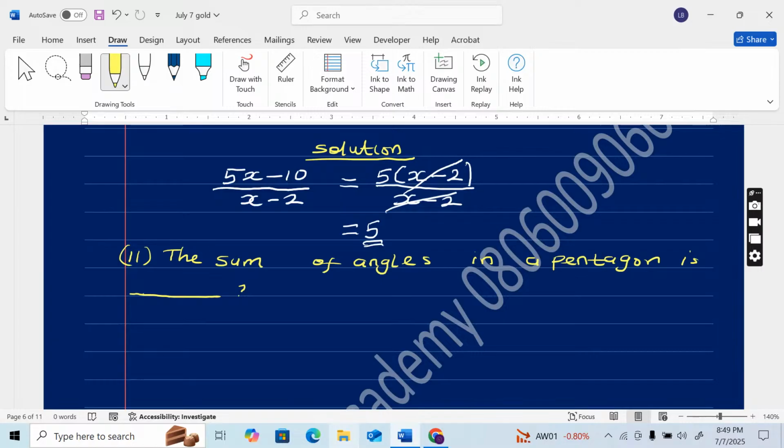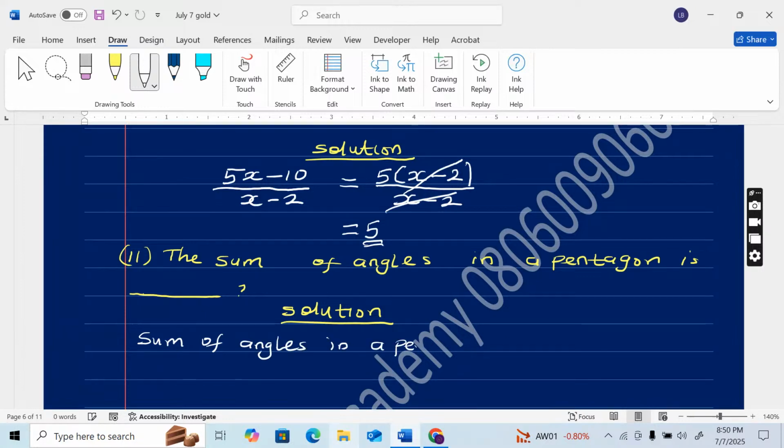And the formula to get the sum of angles in a pentagon is: sum of angles equals n minus 2 multiplied by 180 degrees.